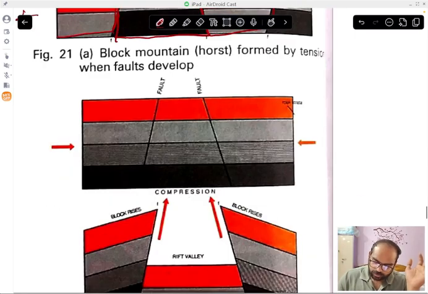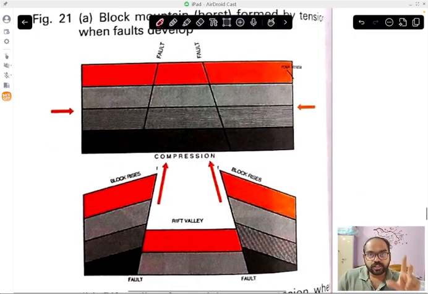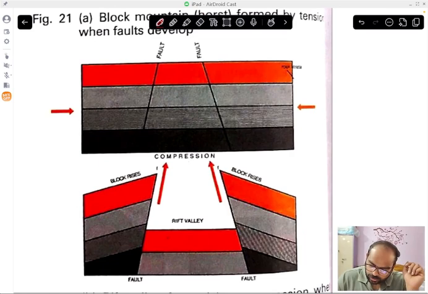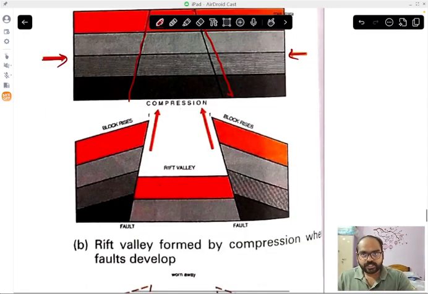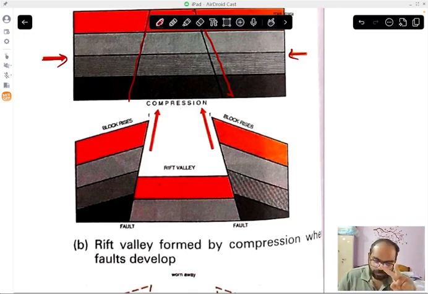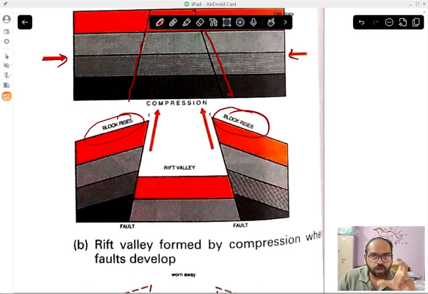And block mountains can also be formed due to convergence. Due to convergence, crustal faulting appeared here, and this fault gets subsided down, and the blocks present on either side of a subsided part are called block mountains.